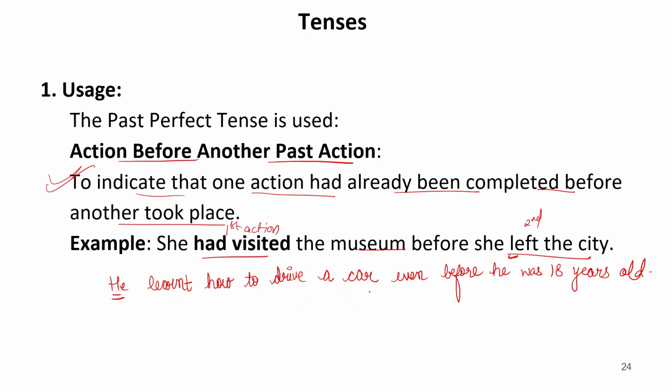So in this case he has not achieved this age, but before that he had learnt how to drive a car. So it should not be written learnt; in fact, this should be replaced with had learnt. Whenever something happens before its time, it should also be written in past perfect tense. Some abnormalities can also be there. So anything that has a particular time of action but happens before it can be written in past perfect tense.